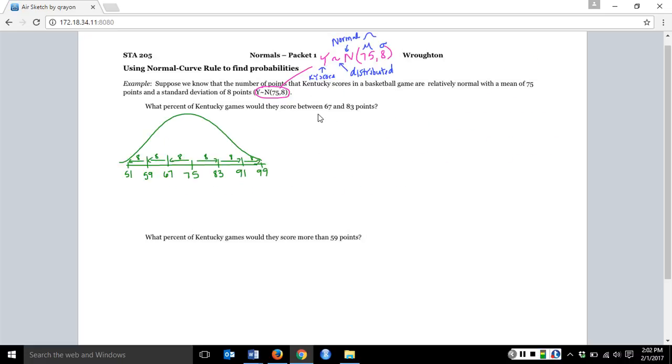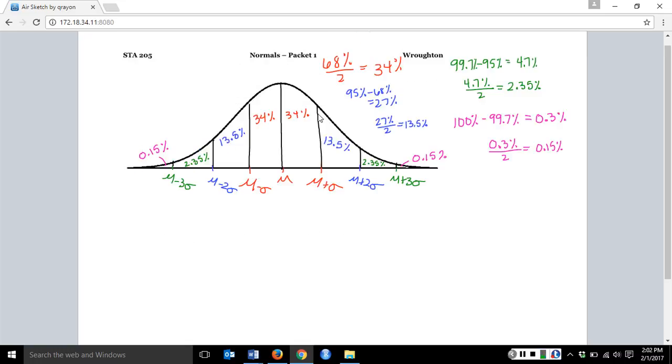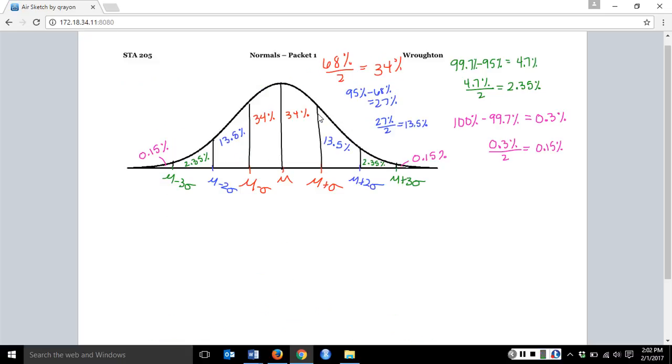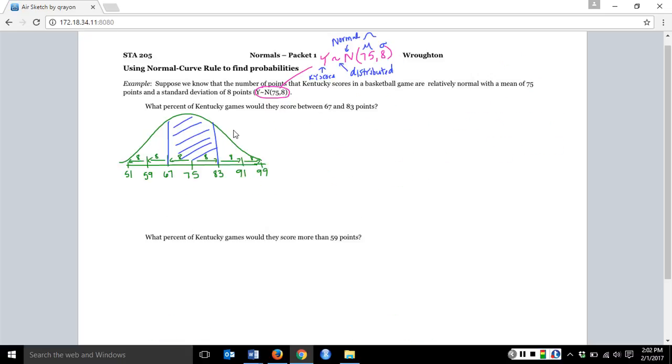Now we want to find between 67 and 83 points. So this is what we're looking for. So now we can go back and look at either of our previous pictures to figure out where that corresponds on our pictures. Probably the easiest one is to realize we went one standard deviation in both directions, so this is going to turn out to be 68%.